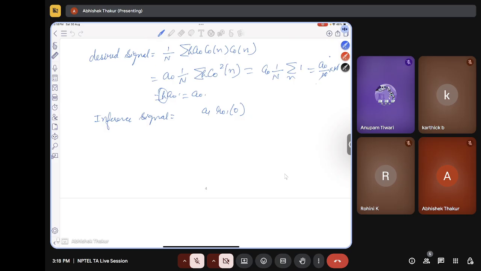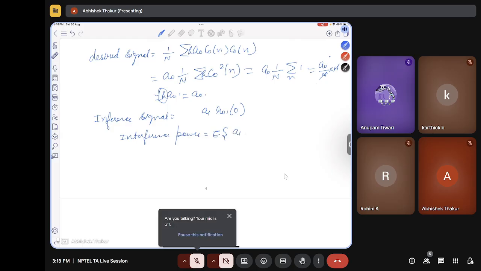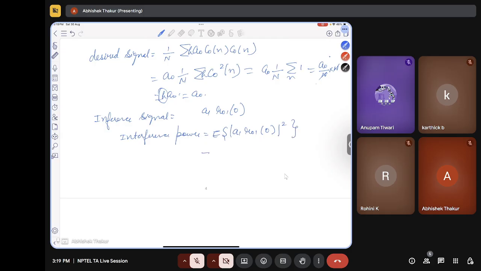So when we write the interference power, it will become the expectation of this signal, that is A1 R01 mod square. So this will become the expectation of this.